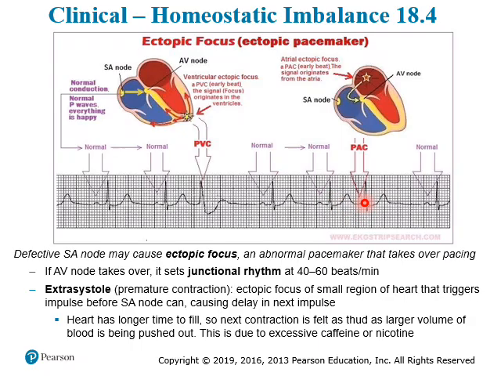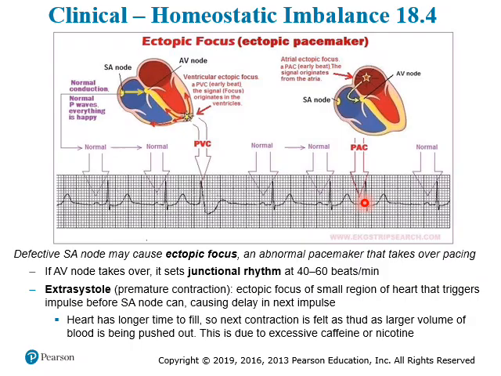This ectopic focus causes extrasystoles. These are what you call premature contractions. An ectopic focus of small origin in the heart triggers an impulse before the real SA node can trigger its own. It causes a delay in the next impulse.